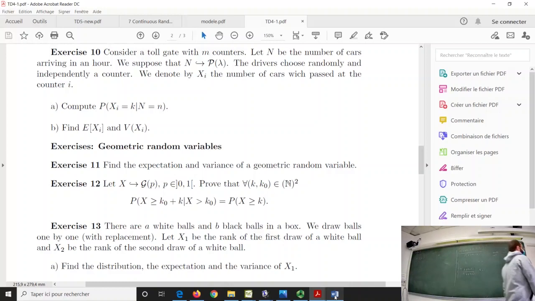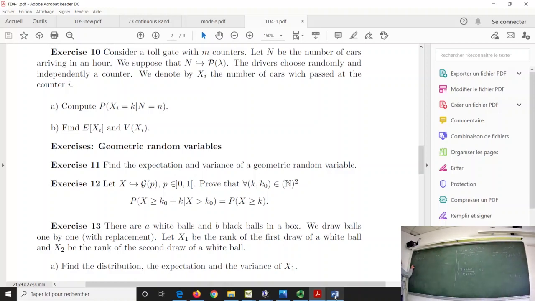So for a geometric distribution of parameter p, I have to compute this term. What is the probability to be greater or equal to i? It's the probability to be equal to i, or the probability to be equal to i plus 1, i plus 2, and so on, all these events being pairwise disjoint.